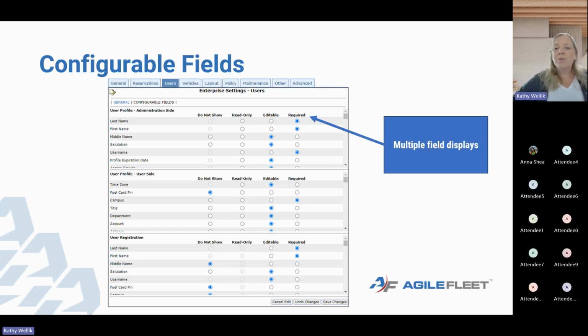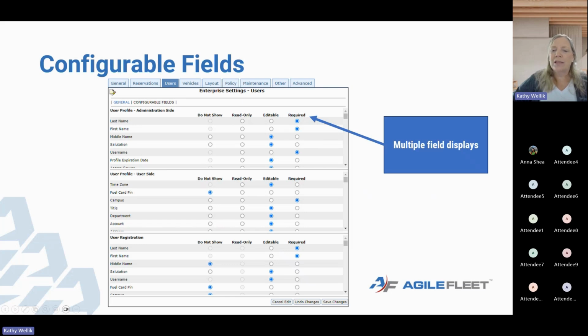So there are 4 options for each of these fields. You can have the Do Not Show. So if selected, this field will not show in the corresponding view. Some fields will have a grayed out option if it's a system required field. You can have a read only, which if selected, this field and populated values will only show but not be editable. You can have an editable field, which will show and be editable for the corresponding view. And then you can have a required field.